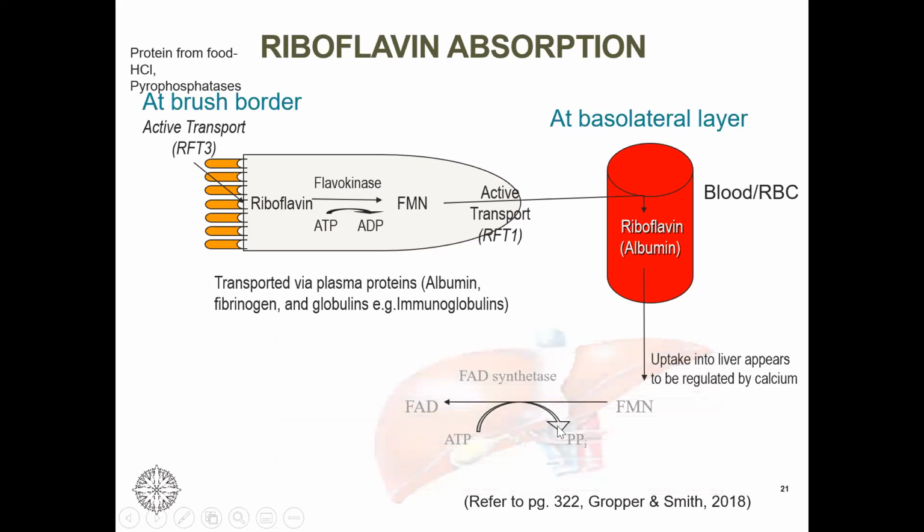Then it reaches the liver where FMN can be converted to FAD, so that it can be used for all its functions, including purine catabolism. And we are still learning. So that's why it's written that in the liver, its uptake may be dependent on calcium. We don't know yet.